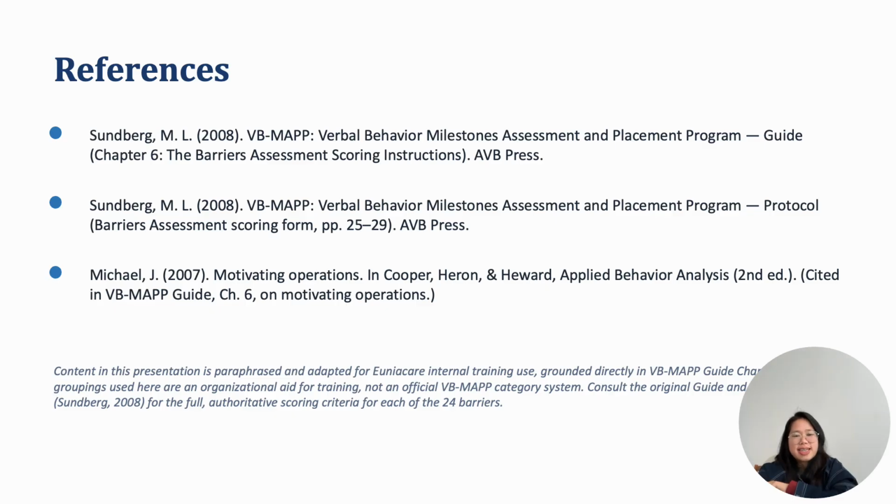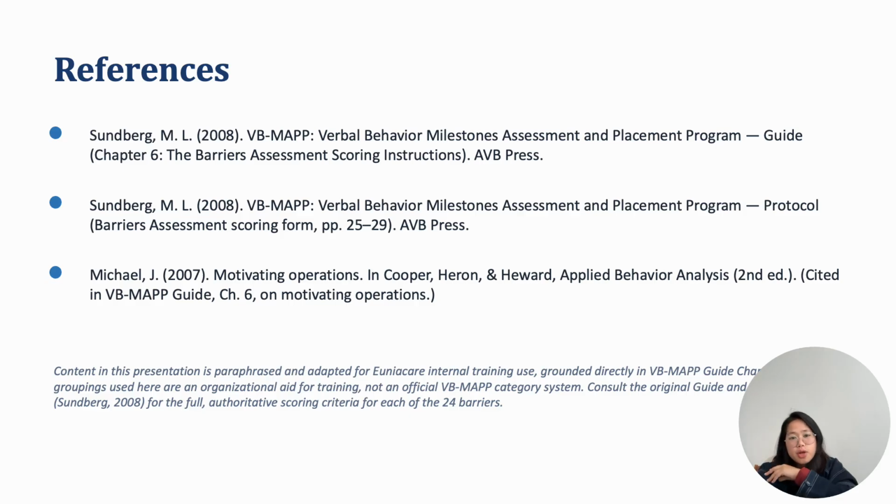Alright, so this deck is grounded directly in Chapter 6 of the VBMAPP guide, the barriers assessment scoring instructions, along with the barriers assessment scoring criteria in the protocol. And everything here is paraphrased for internal training purposes.